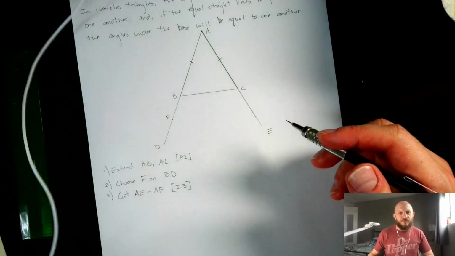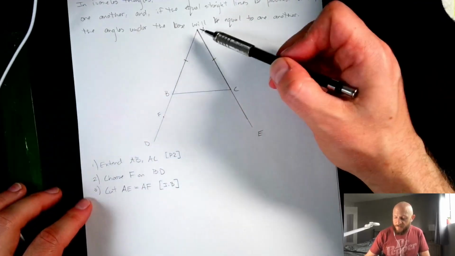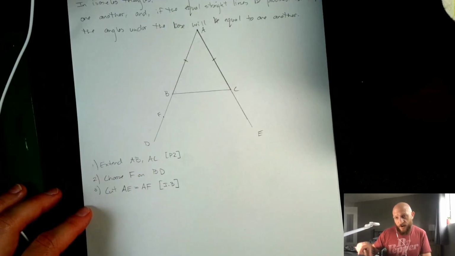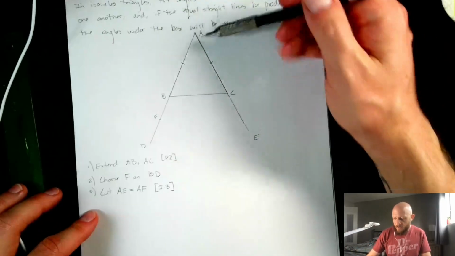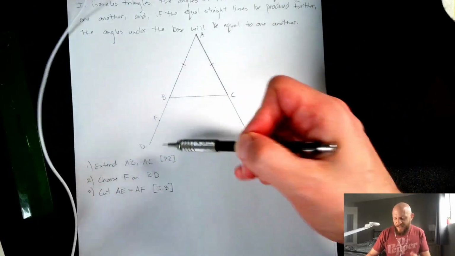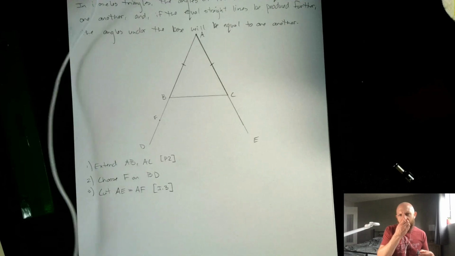Proposition 3 was the one that said if you have two unequal straight lines, from the longer one to cut off a segment equal to the shorter one. So our longer line is AE, the shorter line that we're looking at is AF, and he uses proposition 3 here to do that.